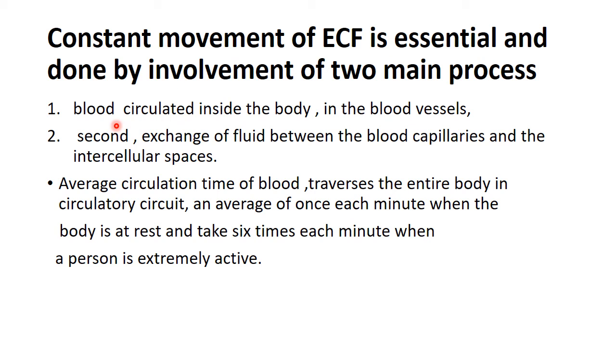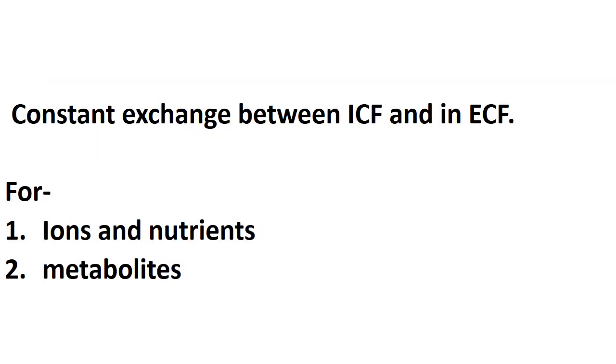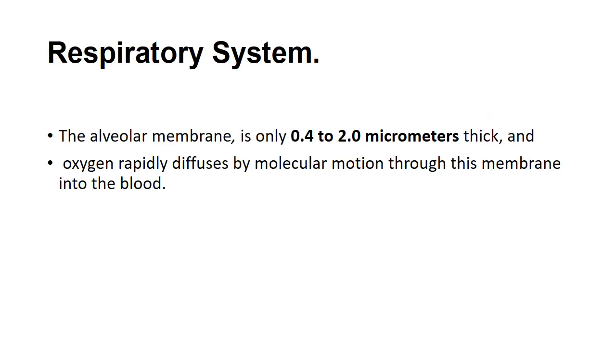One, as the blood circulates inside the body. Second, exchange of the fluid, which is the most important. So there is constant exchange of ions, nutrients and metabolites. Important ions and nutrients are absorbed, while unwanted metabolites are excreted.